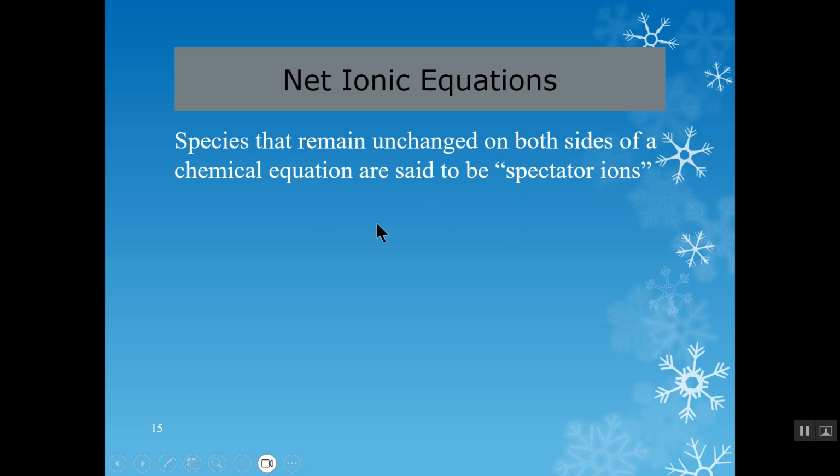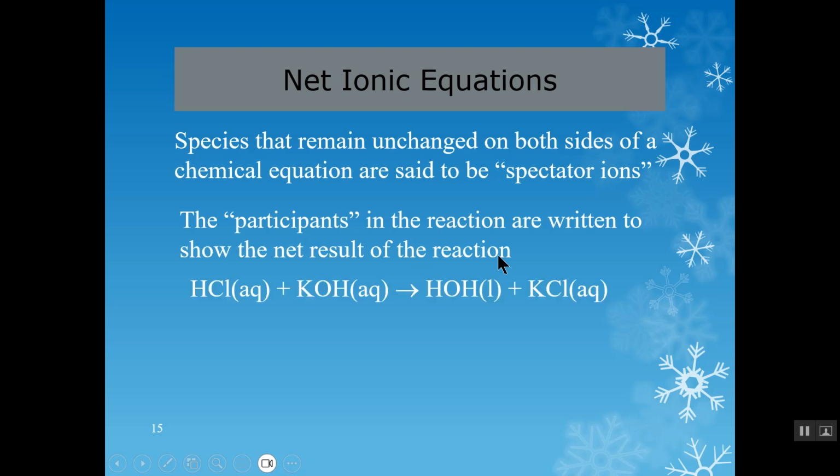Okay, so we're going to use the same reaction that we saw before, the reaction between hydrochloric acid and potassium hydroxide to form water and potassium chloride, all right? Now, for the purposes of determining the net ionic equation, we call this the molecular equation. Now, to be perfectly honest, this is a bit of a misnomer because not all the species involved here are molecular. But that's a term that you'll see in textbooks when it comes to describing this equation here.